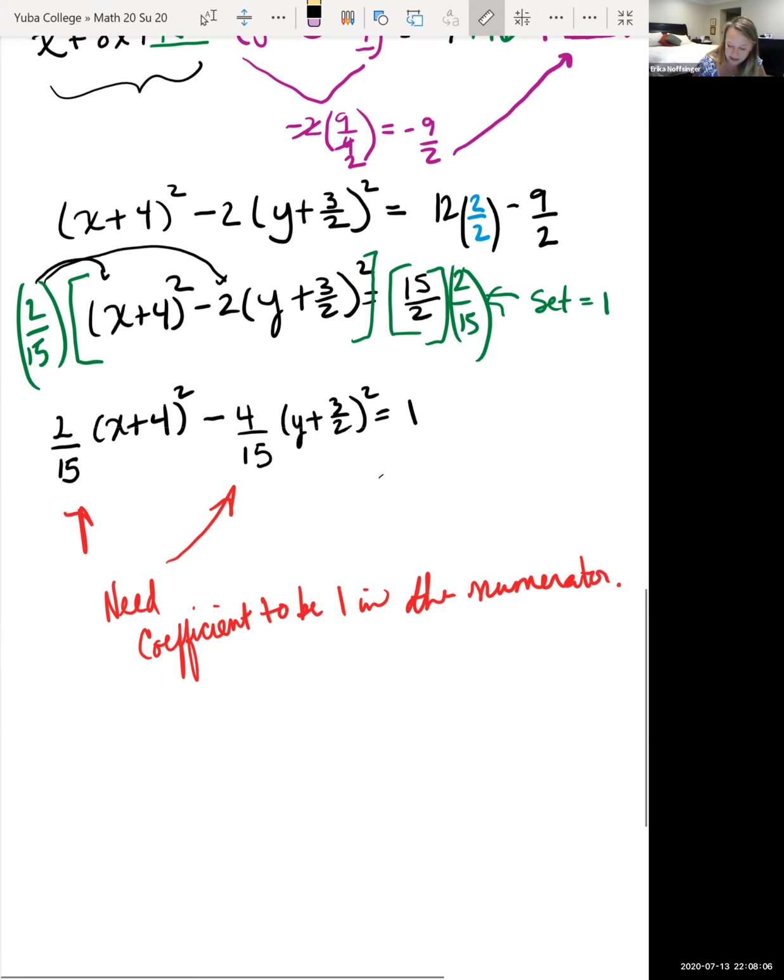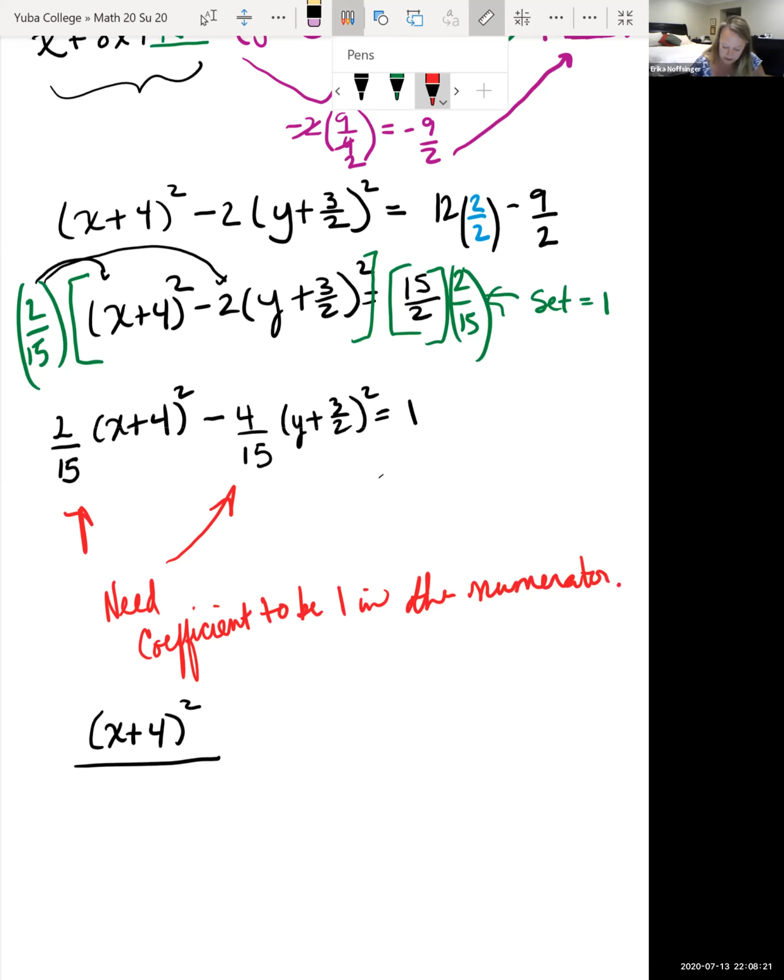So we could technically, and this is the trick in this case, rewrite this as x plus 4 quantity squared all divided by 15/2, the reciprocal of the fraction here.